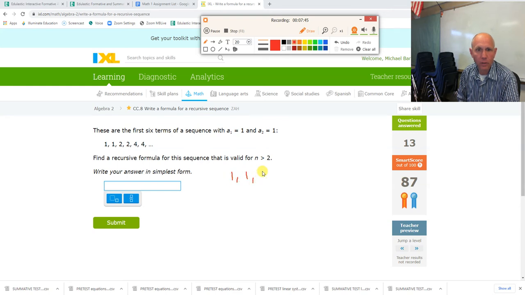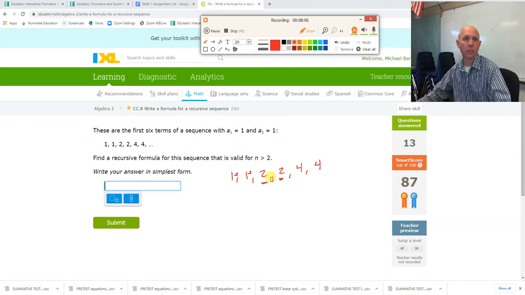1, 1, 2, 2, 4, 4. It's previous term times 2. So to get this guy, I look back here and multiply it by 2. To get this guy, I go back here and multiply it by 2.